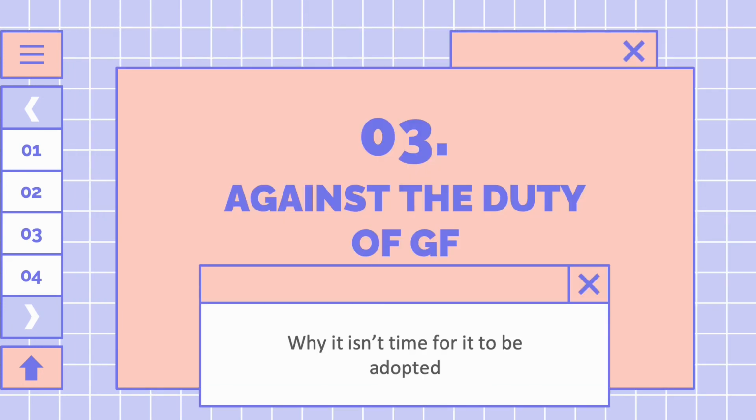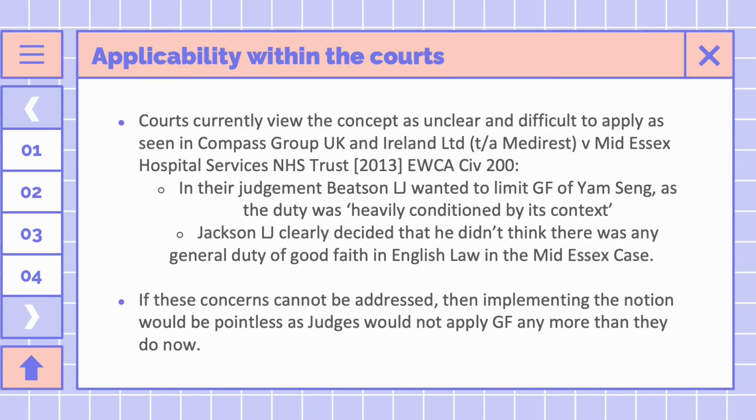Now we are moving on to the third section of the duty of good faith, which is why it shouldn't be adopted. Firstly, the courts that would have to implement this notion view it as unclear and difficult to apply, as seen in the Compass Group case.